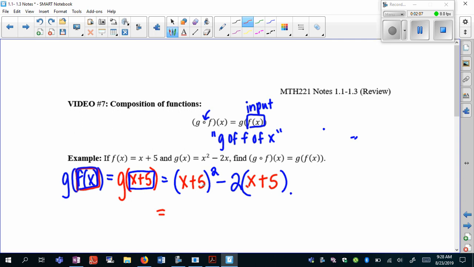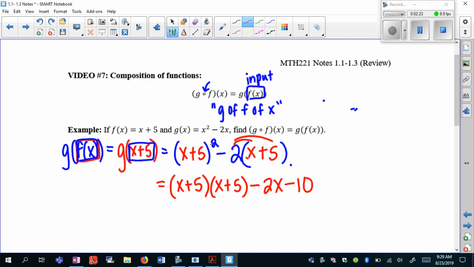So now, in order to simplify this, this is going to be x plus 5 times x plus 5. Minus, make sure we distribute that negative, so minus 2x minus 10. And for this piece, just be careful that you don't just square the x and square the 5, because it's really x plus 5 times x plus 5. So you could do a grid off to the side to multiply.